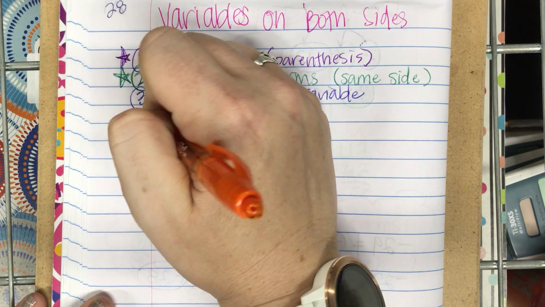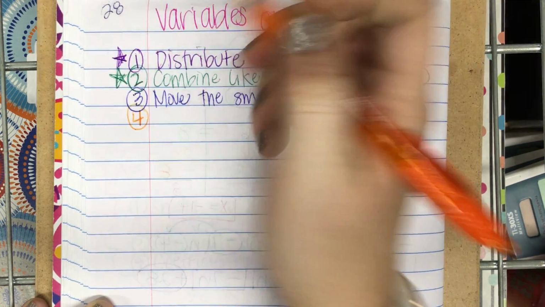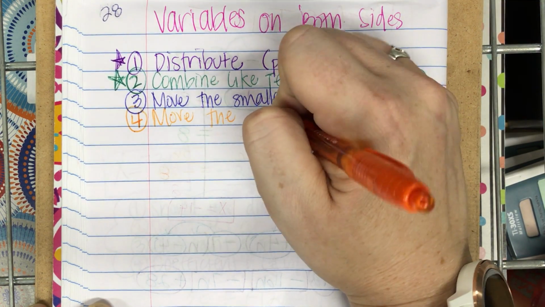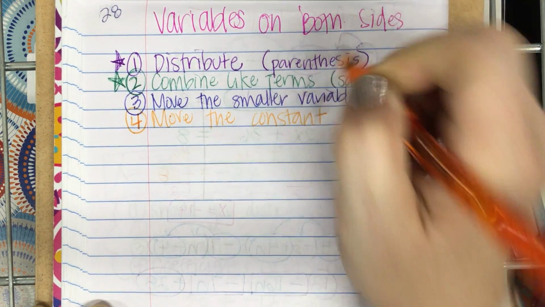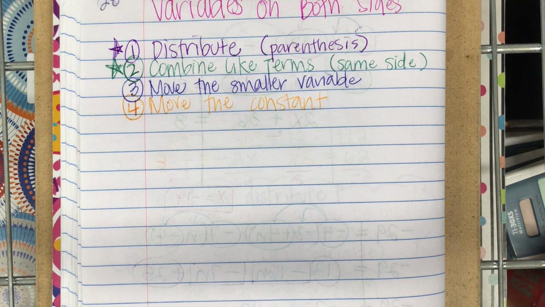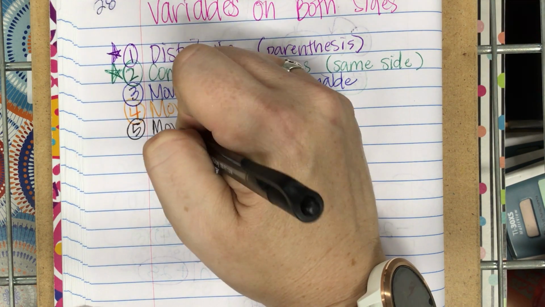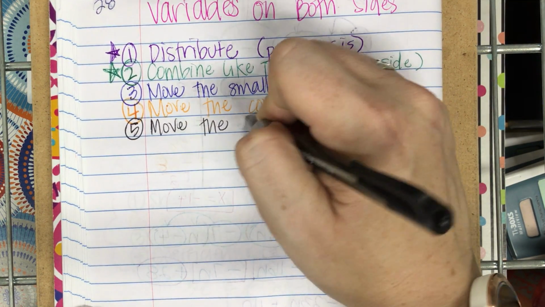It becomes a 2-step problem. You can move the constant. What's a constant? The lonely number, the plus or minus number, the number without a variable. And then move the coefficient.